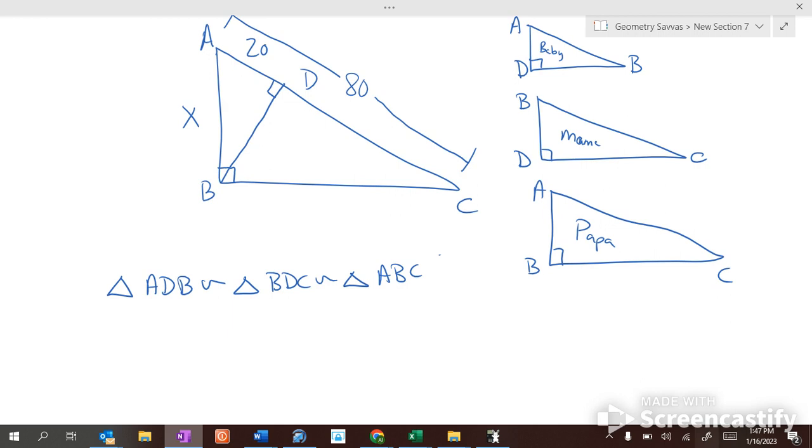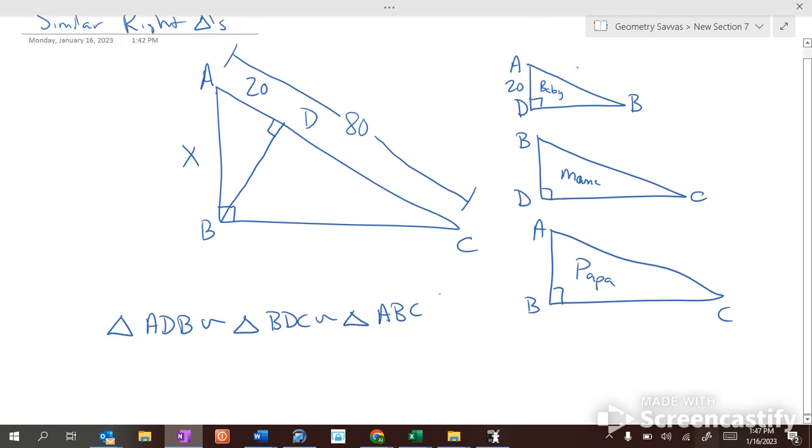Well, I know AD, and AD is 20, so that only appears on baby. AB is X. AB appears here and on papa. AC I know is 80. So notice how I have the short side and the hypotenuse of baby, the short side and the hypotenuse of papa. So now I can set up a proportion.